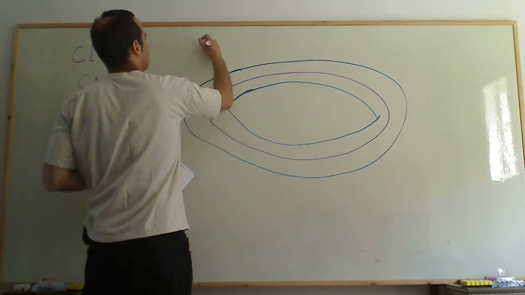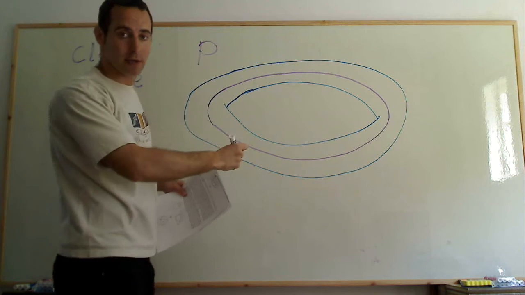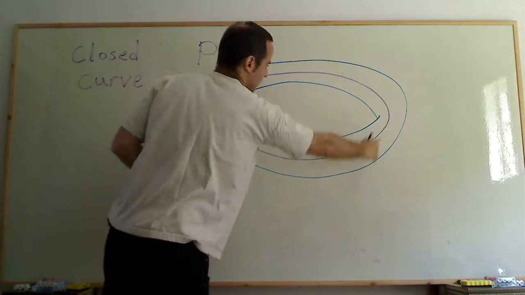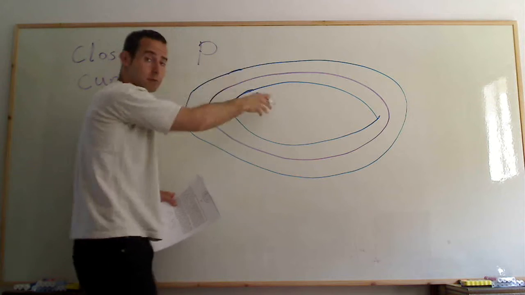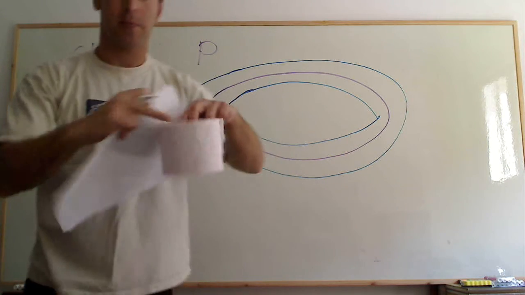This is another one, like if that one was Joseph, this is, I don't know, Jacob or something. This is P, another closed curve, and it's going around the hole. The other one went through the hole, like through the toilet paper.